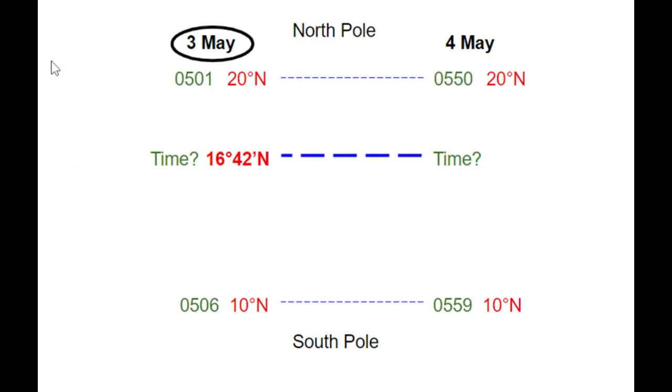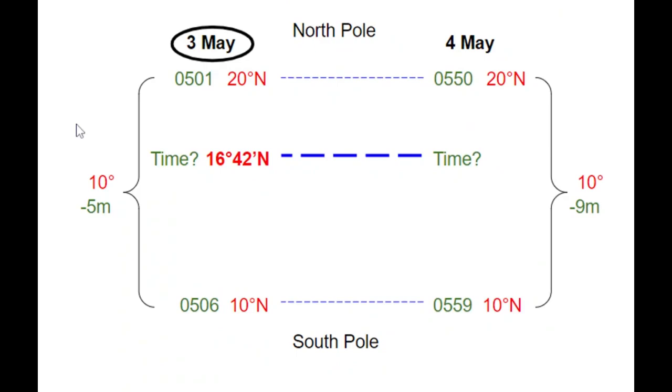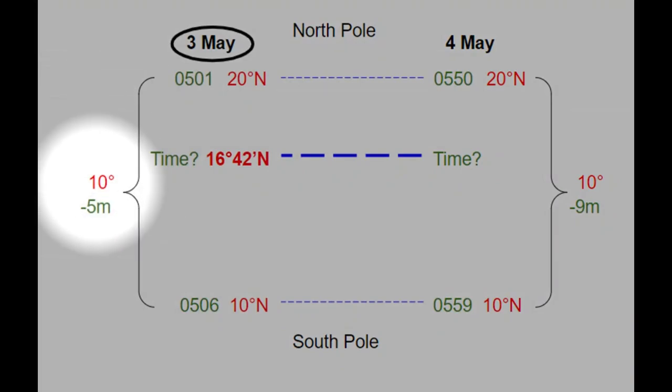What we did on this trip form is, first of all, we figured out that between our base latitudes of 10 and 20 degrees, the difference in latitude is 10 degrees. We also figured out that the difference in time for 3 May between our base latitudes was minus 5 minutes, which is 0501 minus 0506.